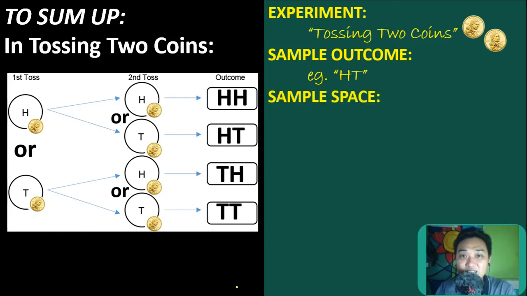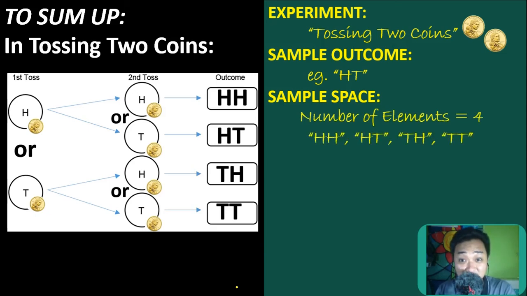Yung sample space naman natin, meaning yung list ng lahat ng pwedeng maging outcome para sa experiment na to, our sample space is head, head, meaning hari, tapos hari na naman. Head at saka tail, hari at saka patay. Tail, head, patay, tapos hari, and then tail, tail.